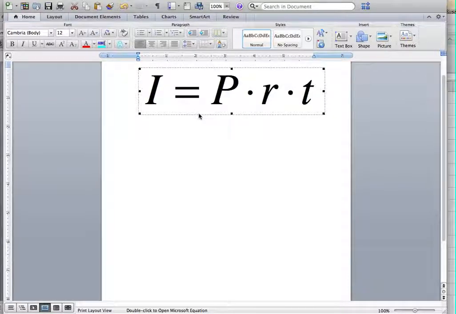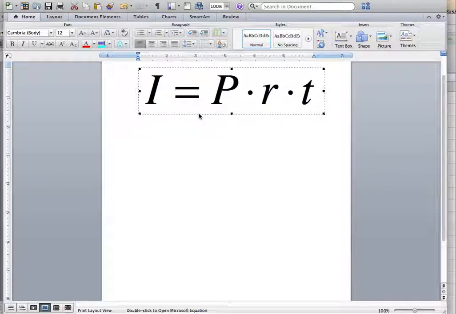If you hold any one of these quantities fixed, for example, the principal, say $1,000, and the interest rate, say 2.5%, and allow the time to vary, think of this as a function of time, then if you double the amount of time that you keep it in there, you'll double the amount of interest that you earn. If you triple the amount of time that you leave the money in the bank, you will triple the amount of interest you earn.